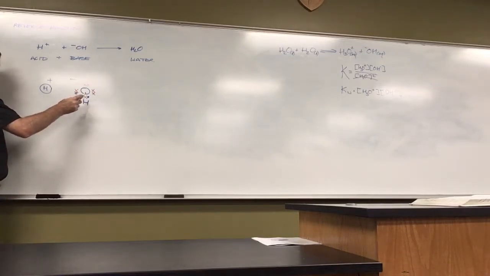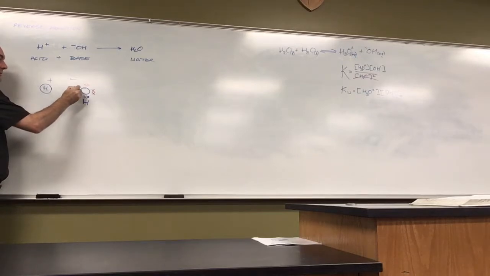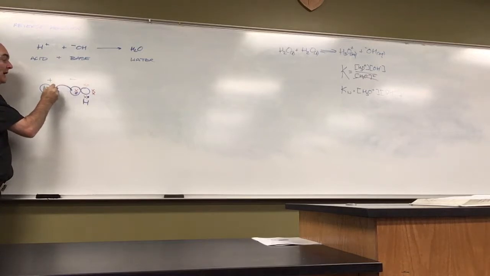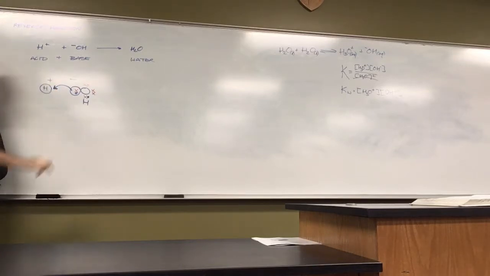I'm going to take these 2 electrons. Motion of 2 electrons in chemistry is depicted by a curved arrow that has a double barbed arrowhead.